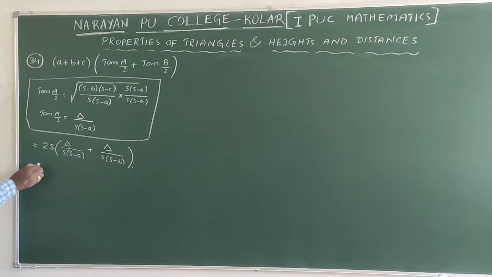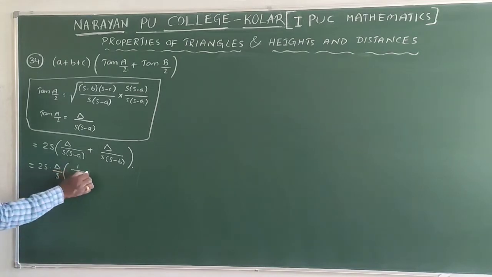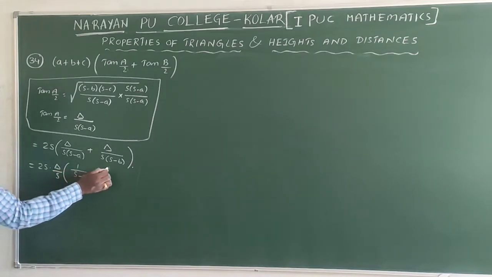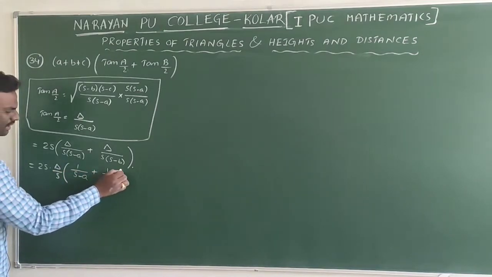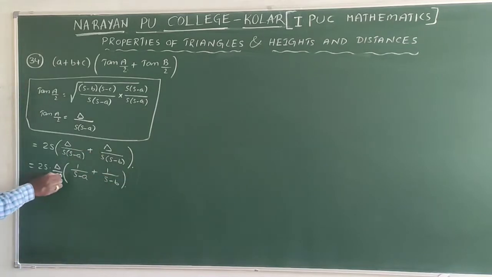Now I can write delta by S common. Now what will you get? 1 by S minus A, 1 by S minus B. Now S and S get cancelled. That is 2 delta.